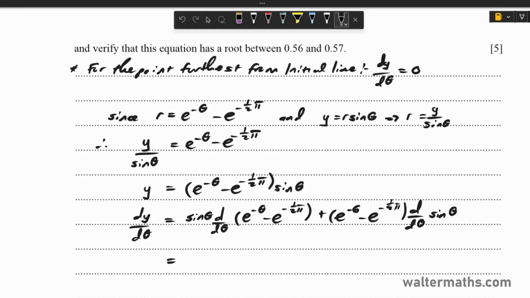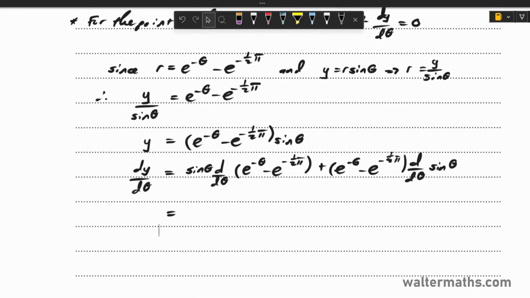So here we will be having sine theta, and differentiating this, we will get minus e to the minus theta. All right, and this plus, here we still have the e to the minus theta minus e to the minus of a half pi, and differentiating sine theta, we get cos theta. All right, so this is what we have right here.